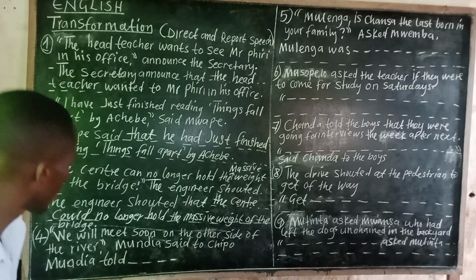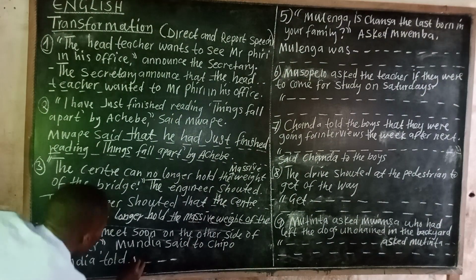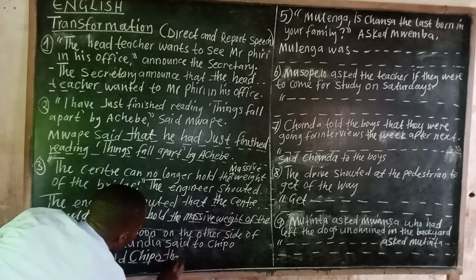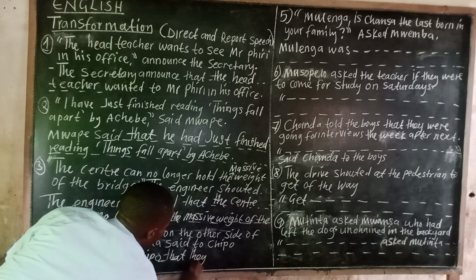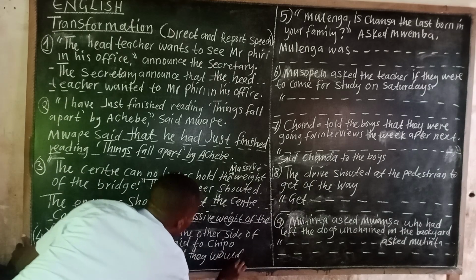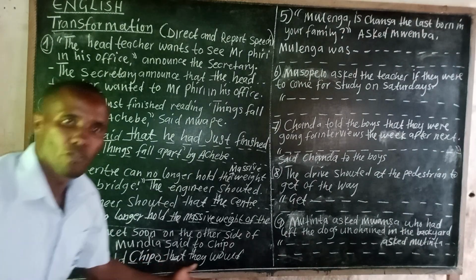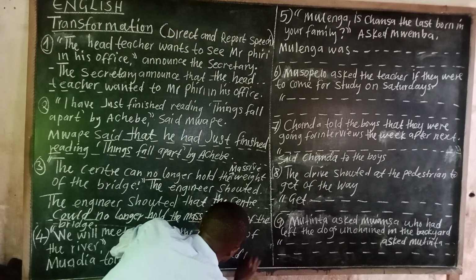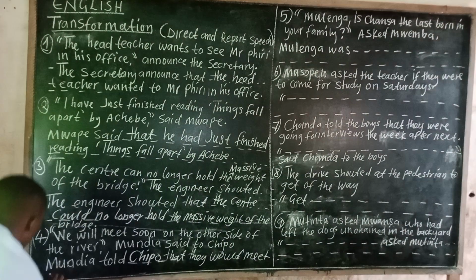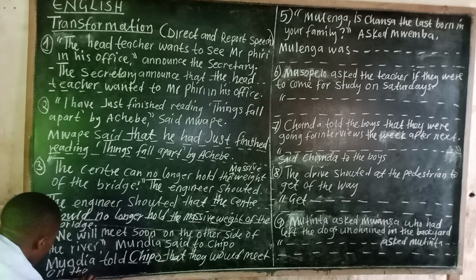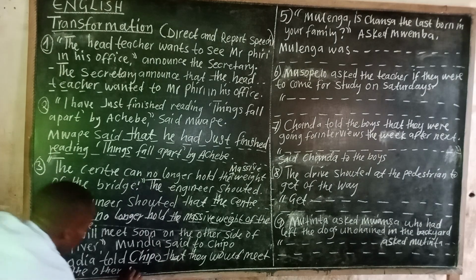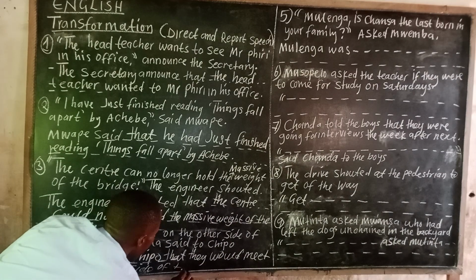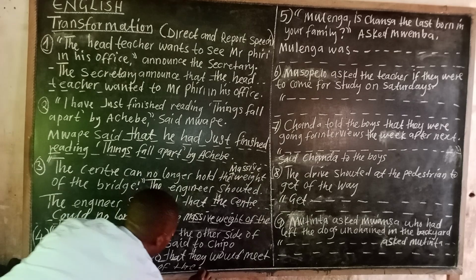Mundia told Chipo that they would do. So that will change to would in past tense. So Mundia told Chipo that they would meet on the other side of the river.